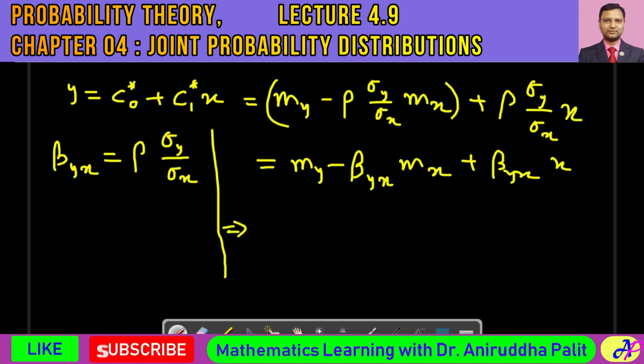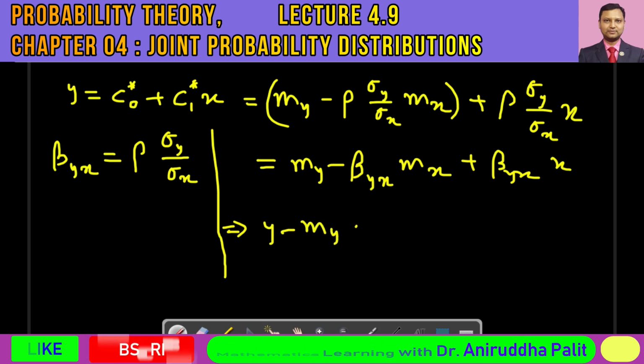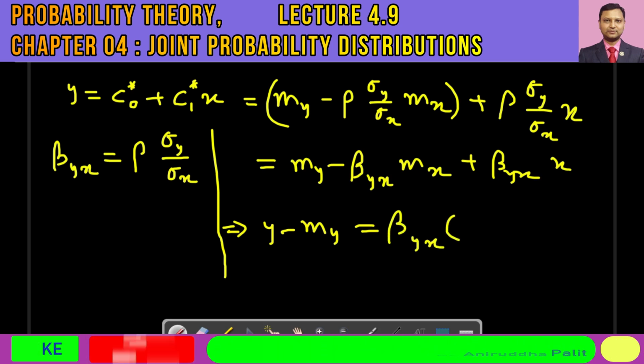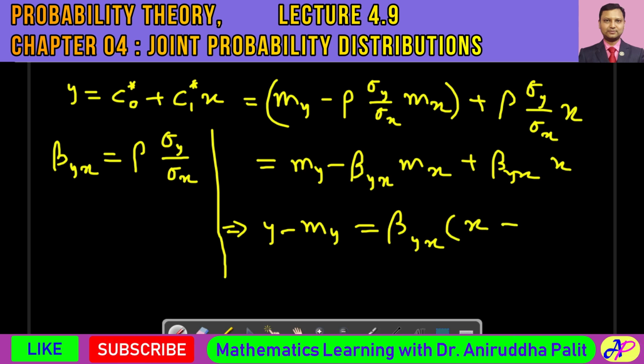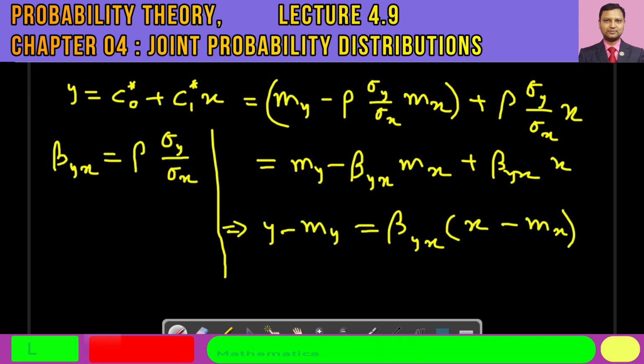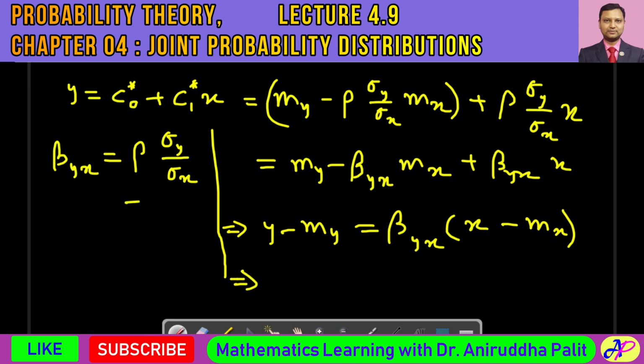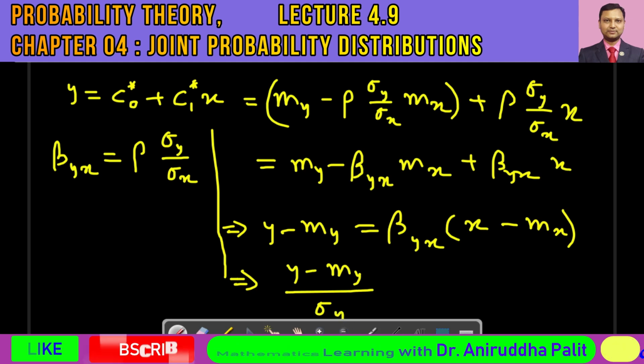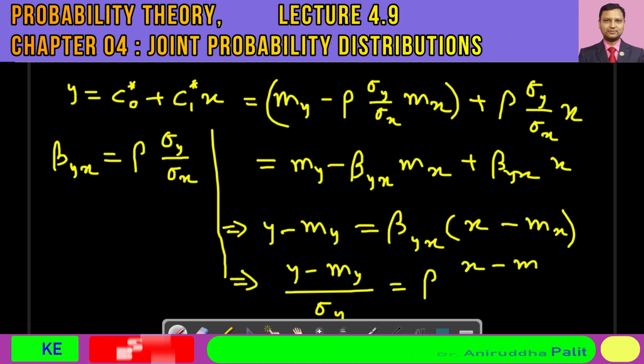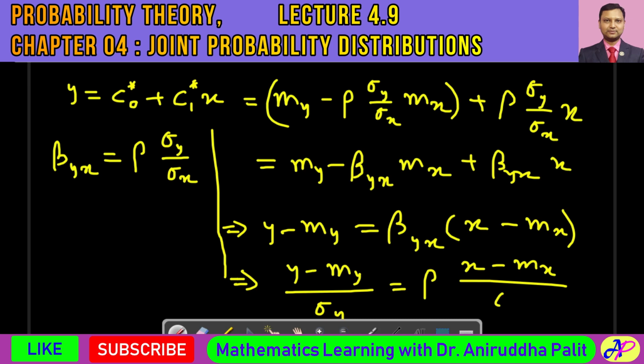So we can write y minus my is equal to beta y on x multiplied by x minus mx. And further, if we put the expression of this beta, this can be written as y minus my divided by sigma y is equal to rho into x minus mx divided by sigma x.